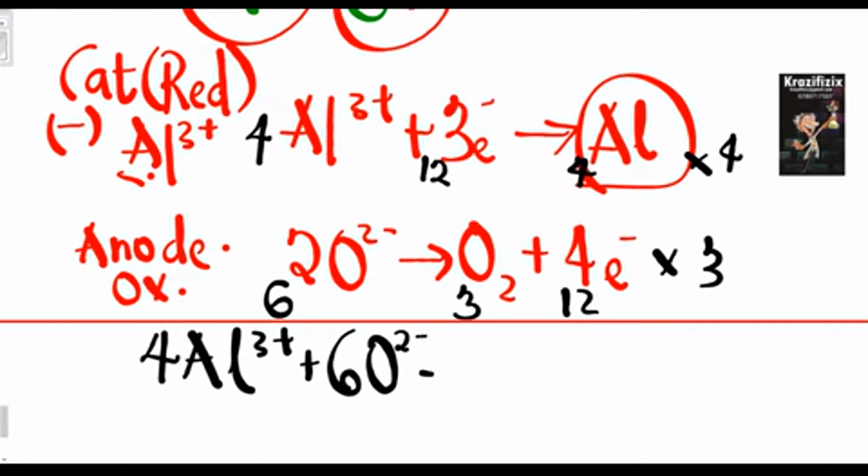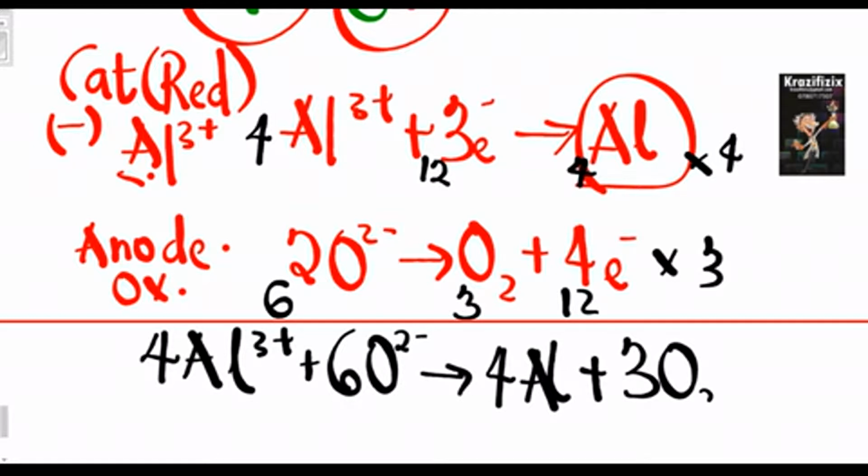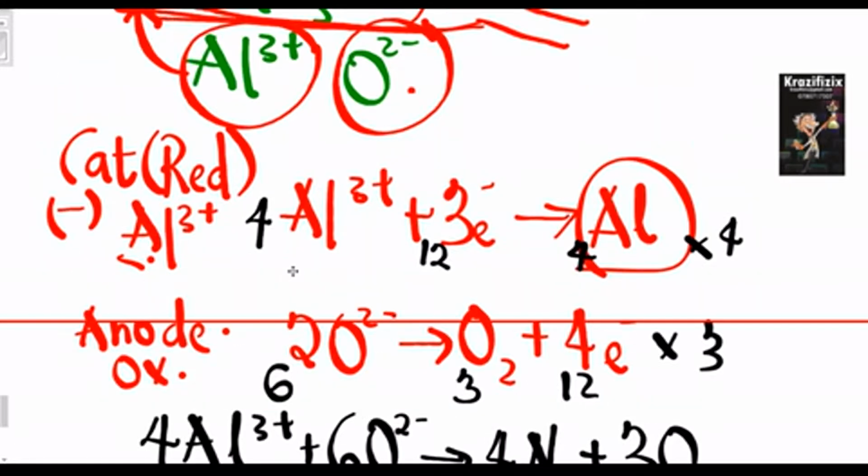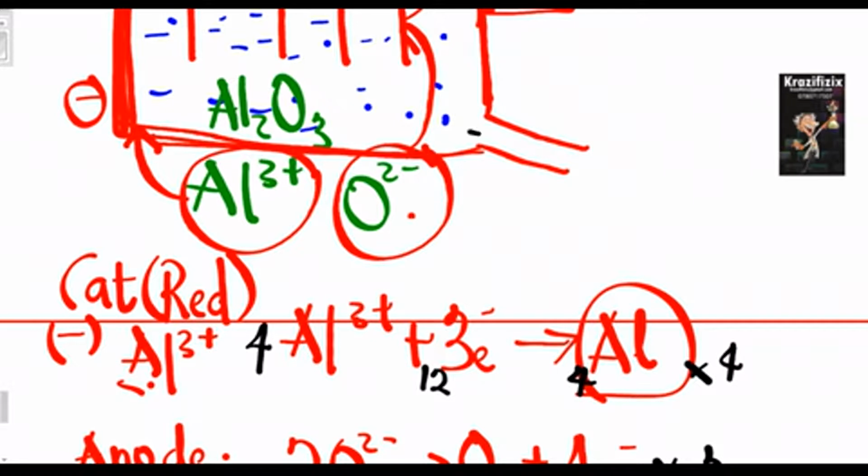You have oxygen there, and then you have 4Al. Can you see the end product? The end product is actually aluminum and carbon dioxide. So that's our redox reaction. The aluminum is taken off from here and taken into a container, allowed to cool and to solidify. This is the process.